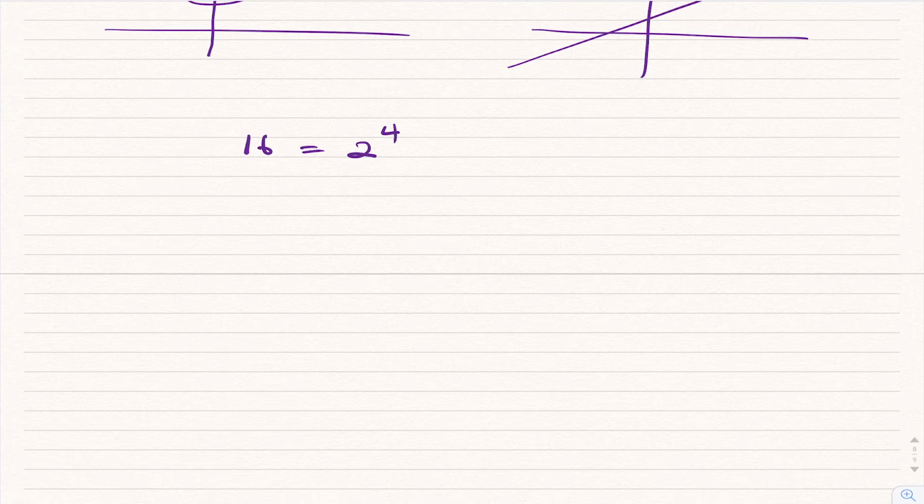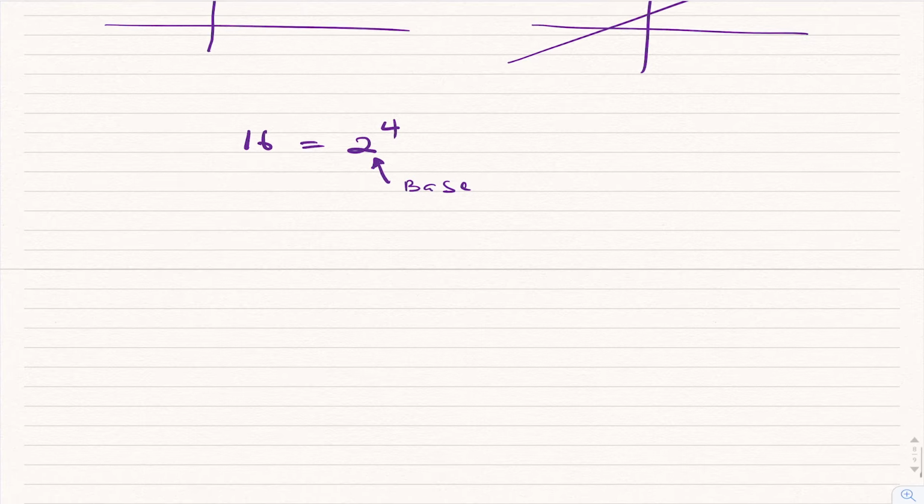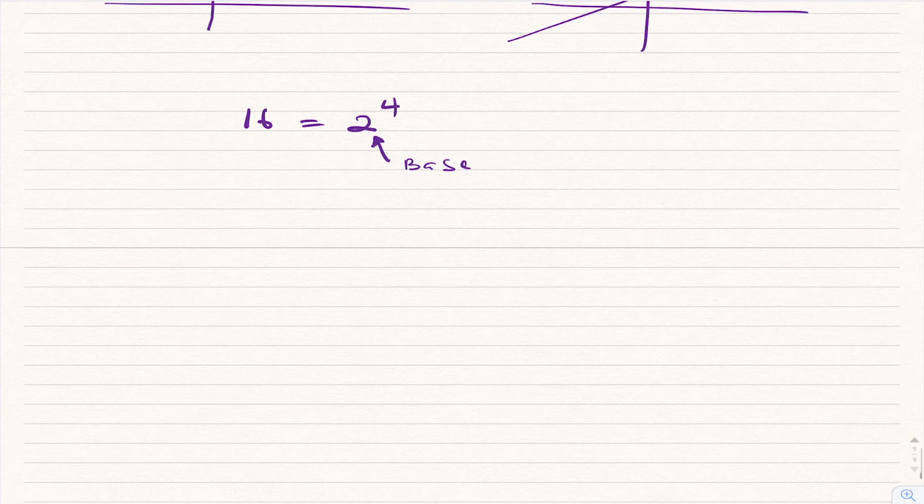The base of the logarithm I'm taking has to be the base of the exponential here, so that's base 2. So I will say log base 2 of 16, multiplying both sides by log of base 2, should be equal to log base 2 of 2 to the power 4.